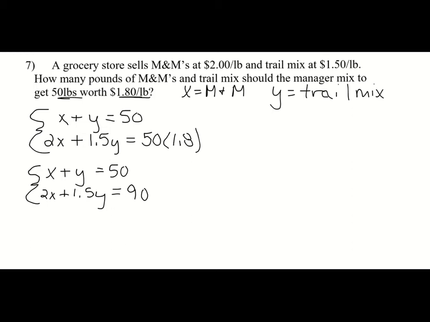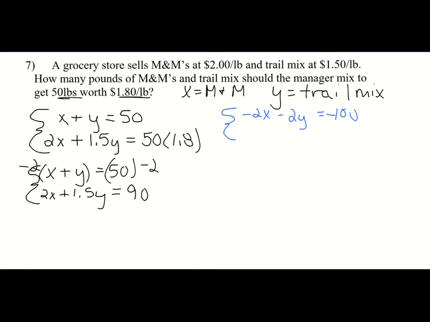So now to solve this, we could do either substitution or elimination here. I think it's a little bit easier to do elimination, so I am going to make this a -2 for the X. So I'm going to multiply everything there by -2. So it's going to give me the equation -2X minus 2Y equals -100.